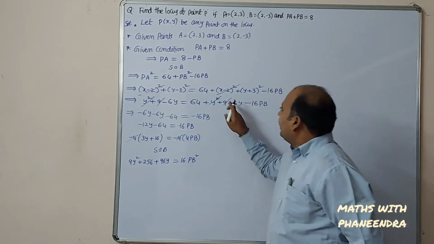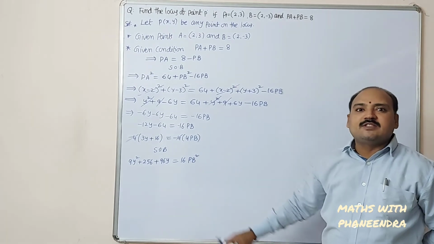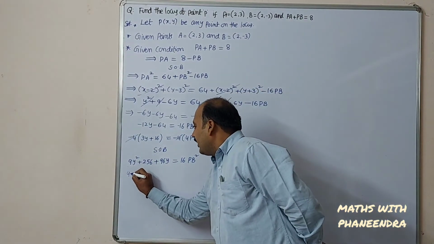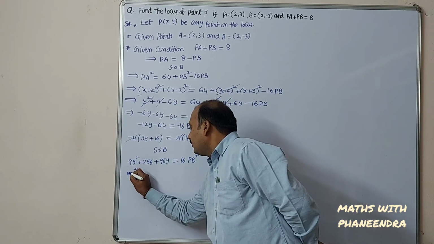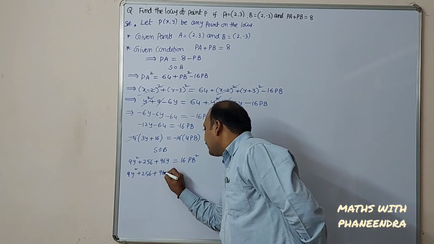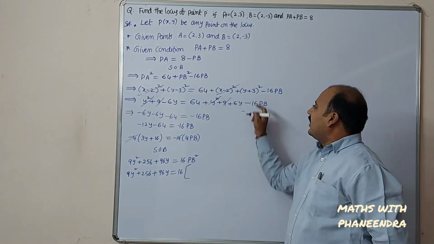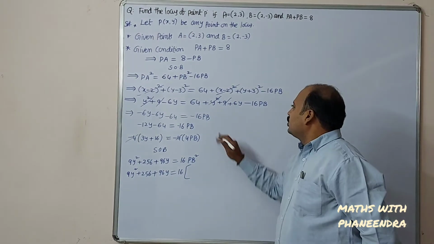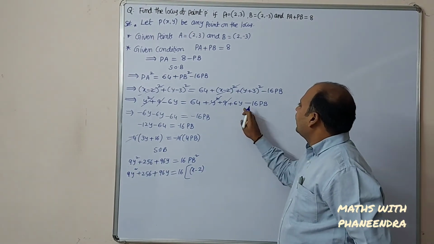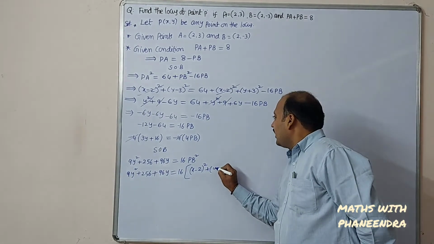So now again PB square value you write, and each and every term multiplying by 16 itself. So 9y square plus 256 plus 96y is equal to 16 into bracket, PB square means this value, (x minus 2) whole square plus (y plus 3) whole square.